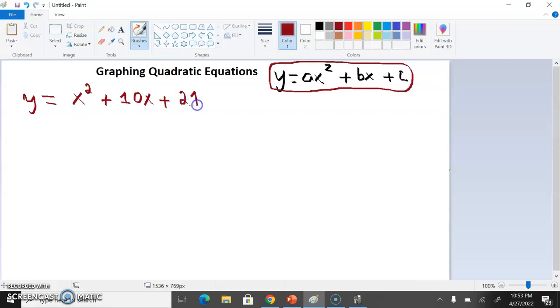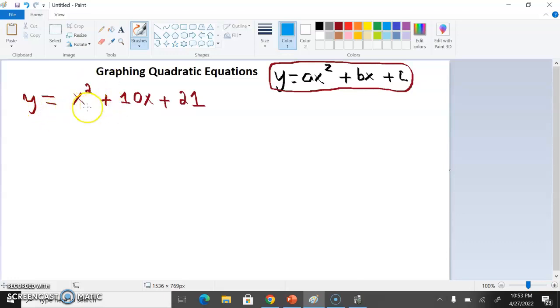So this is the equation that we worked on in class for the last couple of days. It depends on what block you guys have me. So how are we going to graph this equation without a graphing calculator?